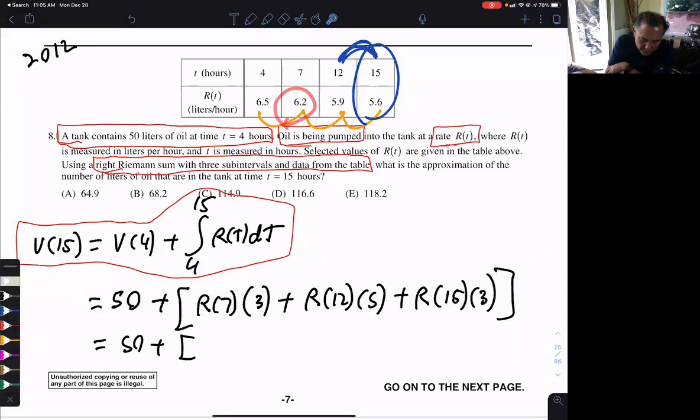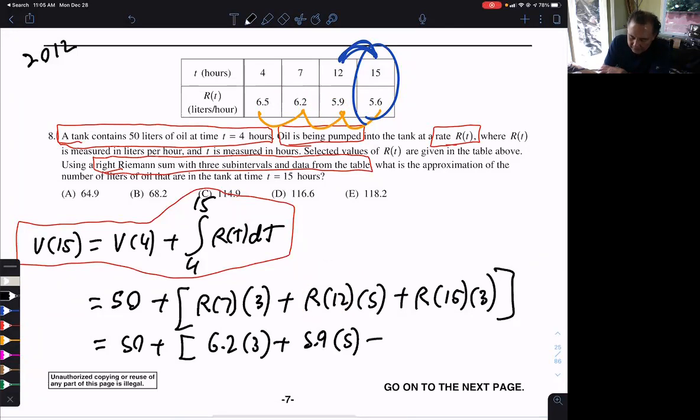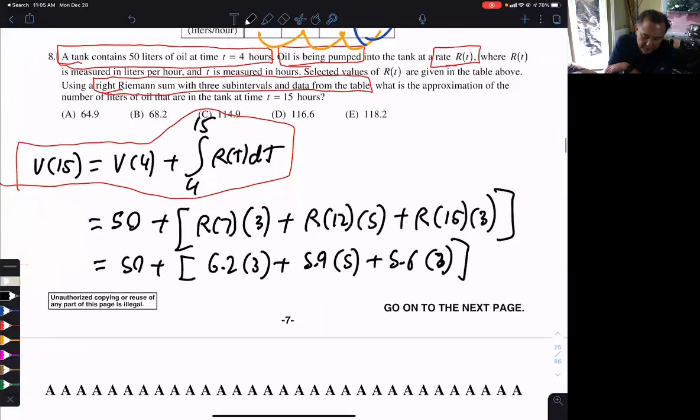R of 7 is 6.2, so it's 6.2 times 3. R of 12 is going to be 5.9, that's 5.9 times 5. And R of 15 is going to be 5.6, 5.6 times 3. And now it's just basic arithmetic.